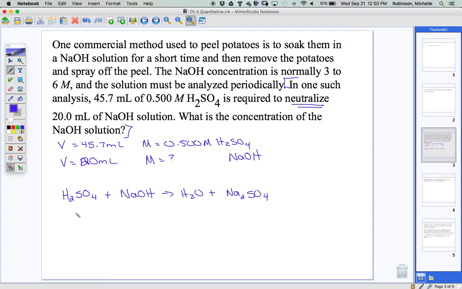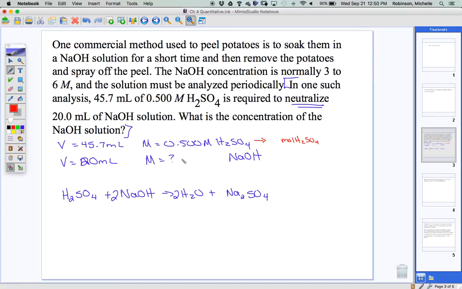All right, so Na2SO4, and if we balance, we need a 2 here and 2 here. Okay, all right, so we know that from this, we can get to moles of H2SO4, and if we can get to moles of H2SO4, we can use the balanced equation to get to moles of NaOH, right? And if I know the moles and I know the liters, I can find the molarity.